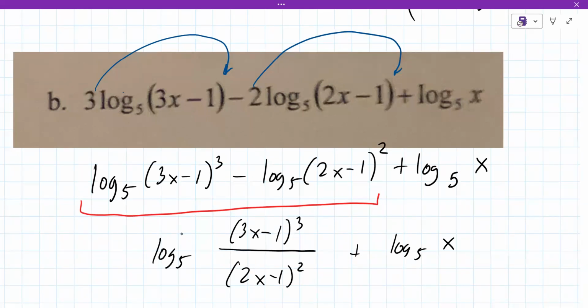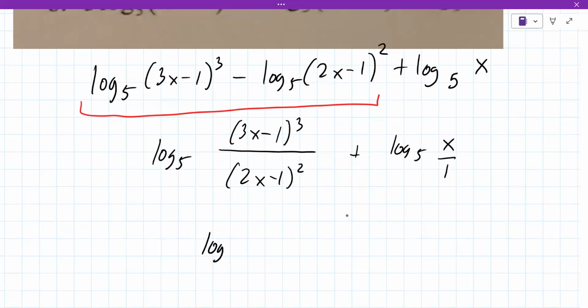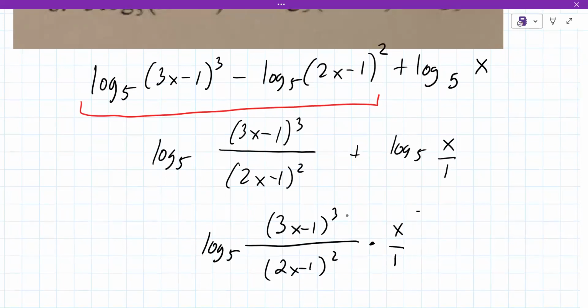The next thing here is that because it's a sum, it can be pulled back together as a product. And I think what's maybe awkward here is, well, what goes on the top, what goes on the bottom. It's really x over 1. So when you multiply these things, you keep the original 3x minus 1 cubed over 2x minus 1 squared, but you multiply by this x over 1.